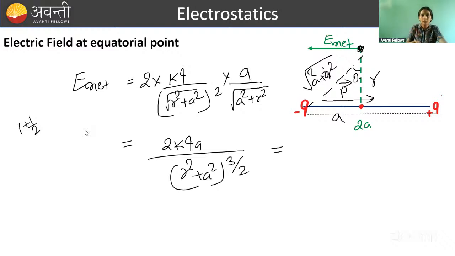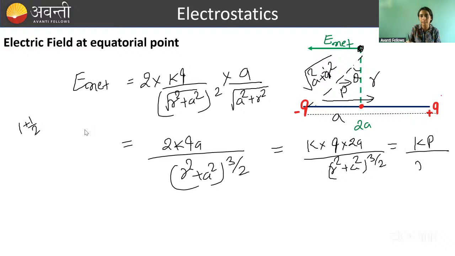Now you can see here कि Q into A will be K into Q into 2A, इसको ऐसे भी लिख सकते हैं, R square plus A square 3 by 2. Now tell me Q into 2A is equal to what? Dipole moment Q into 2A, that is P. So यहाँ KP divided by R square plus A square का power 3 by 2.